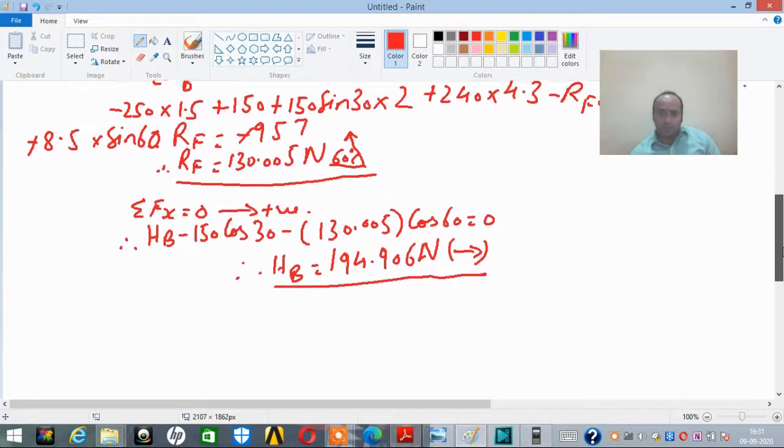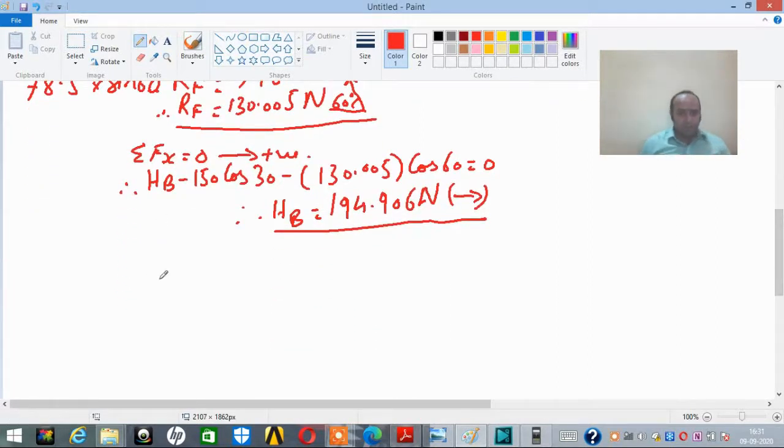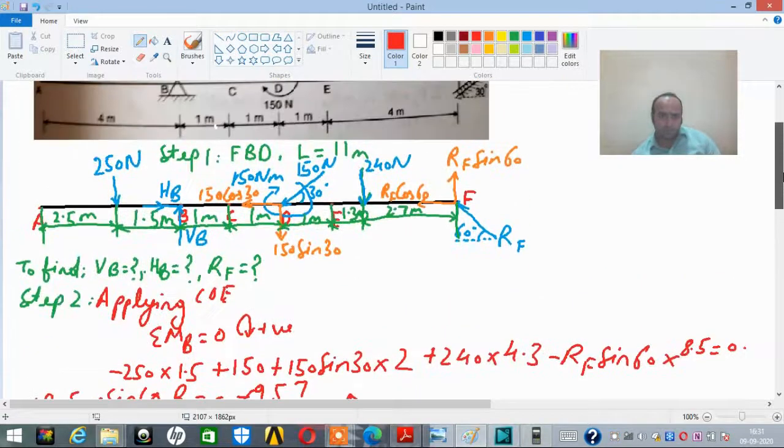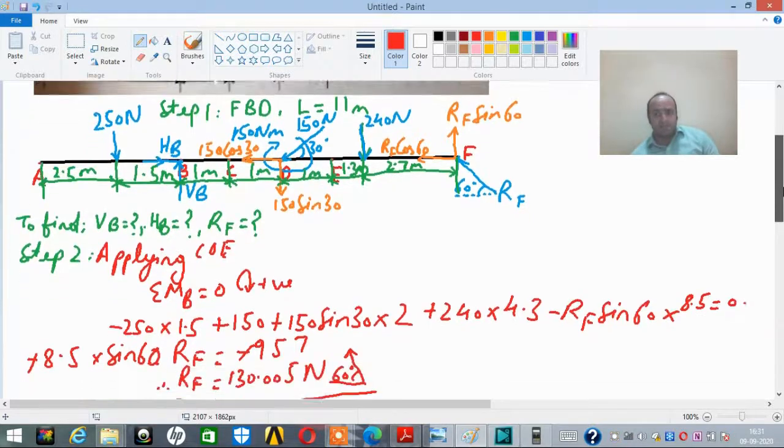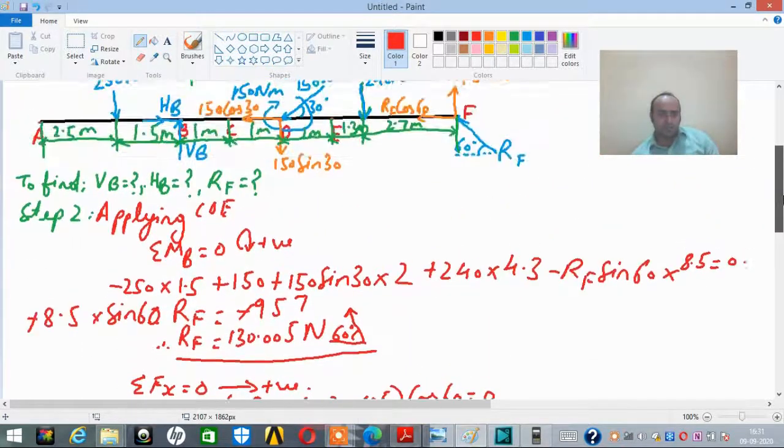Now last but not the least, we will go ahead with summation of Fy is equal to 0, acting in upward sense as positive. Therefore, it will be Vb minus 250 minus 150 sin 30 minus 240 plus RF sin 60. So let us write down this equation.